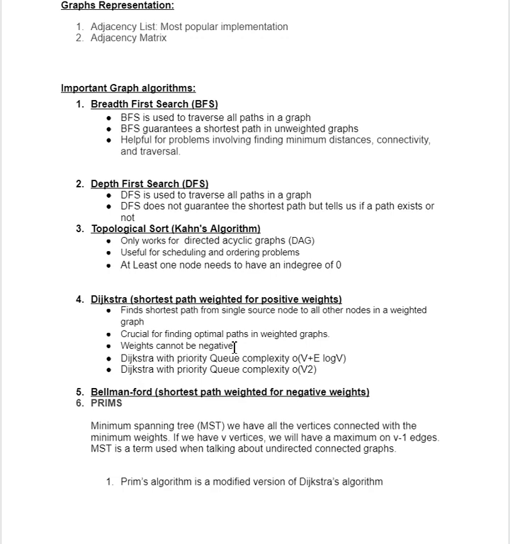Dijkstra's can be implemented using priority queues or without using priority queues. And there is a difference in the complexity, as you can see here. If you use priority queues, then it is a little bit faster compared to not using priority queues.